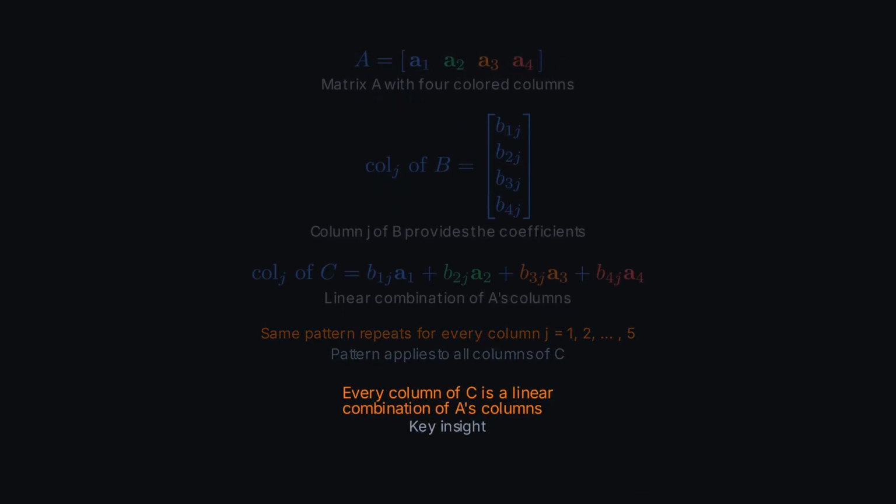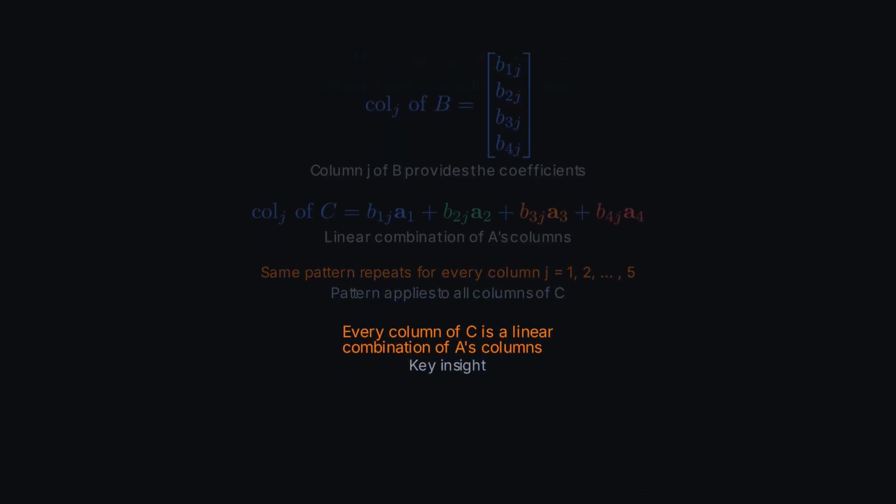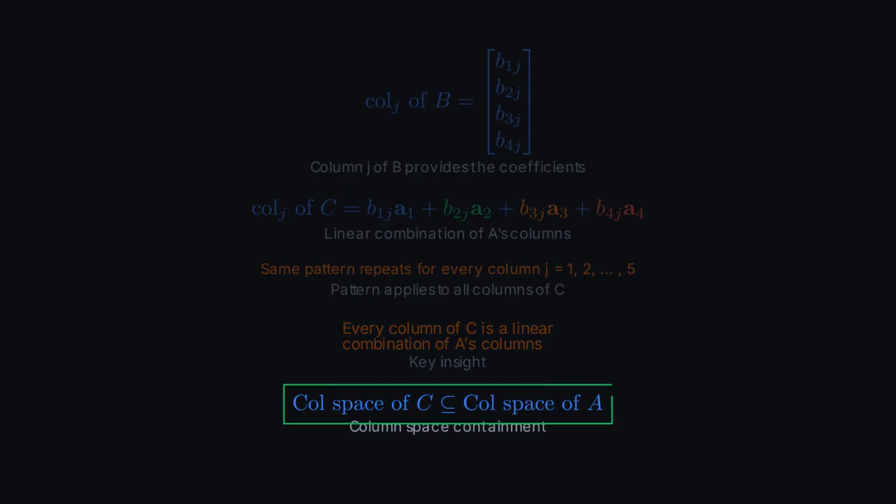So this leads to a beautiful consequence. The column space of C lives inside the column space of A. Every column of C is built from columns of A, so C cannot reach outside the span of A's columns.